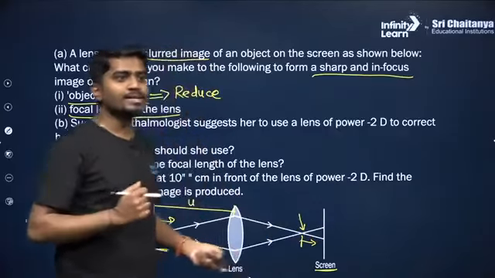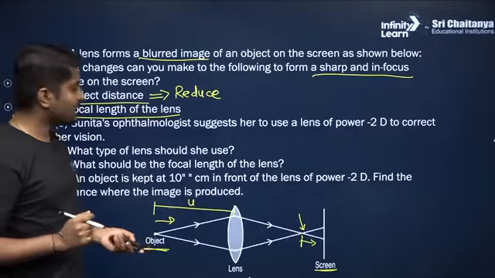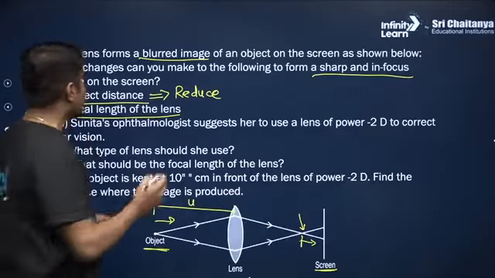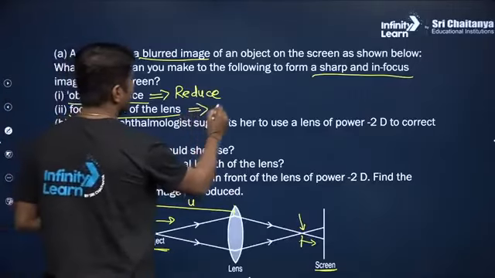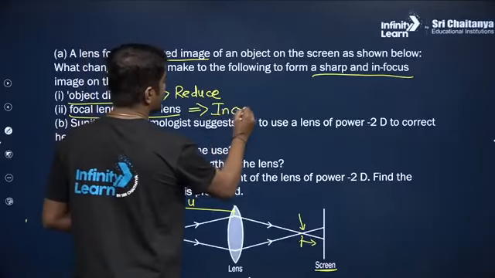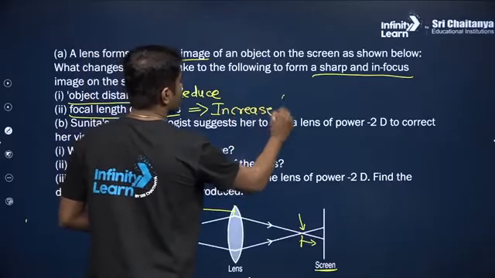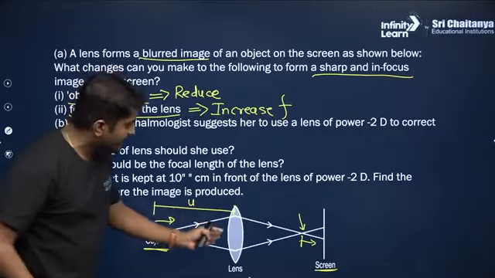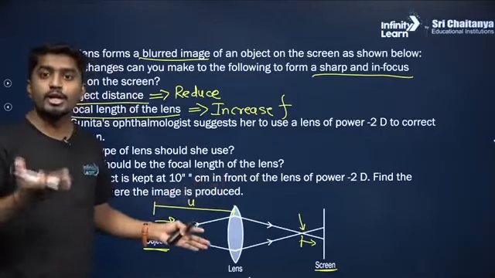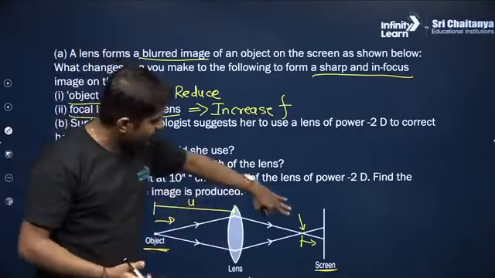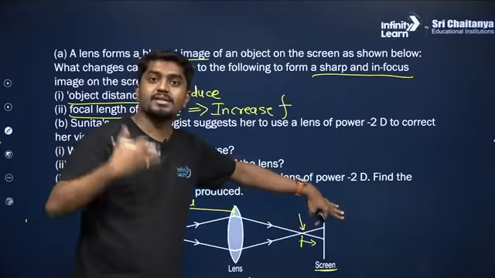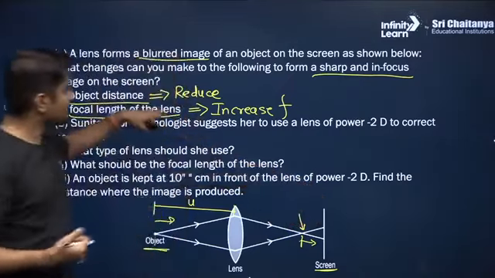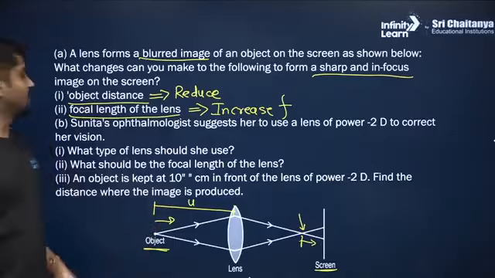So what you should do is, yes, 1 by F is power, correct? So what you should do is increase the focal length. If you increase the focal length, that means you are reducing the power of the lens. So the convergence will happen after a certain distance. So that is the answer, increase the focal length.